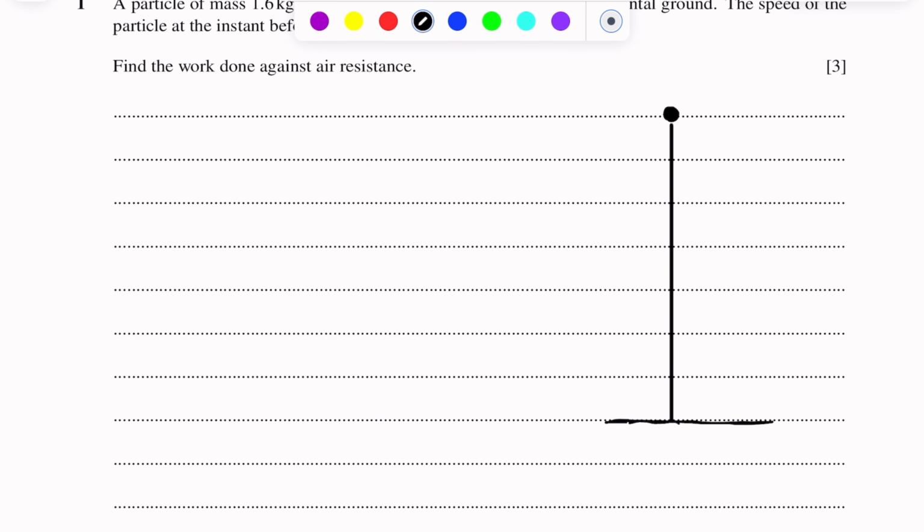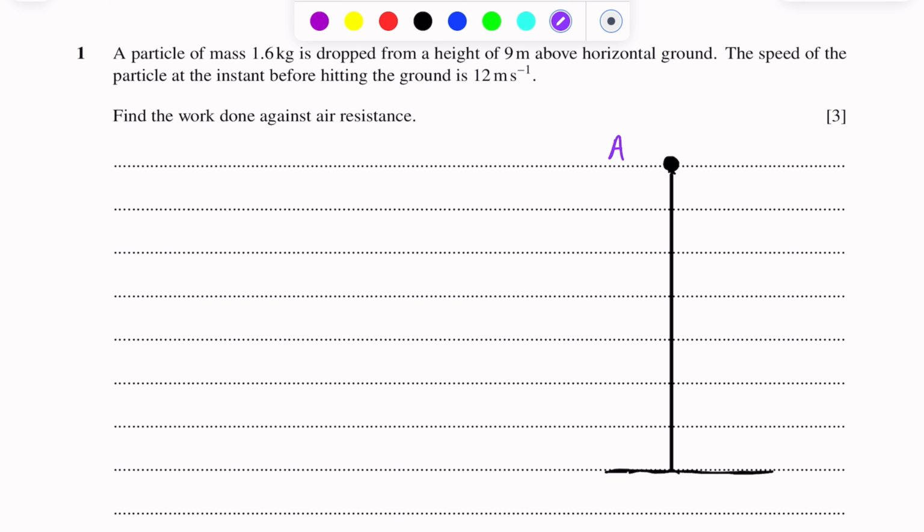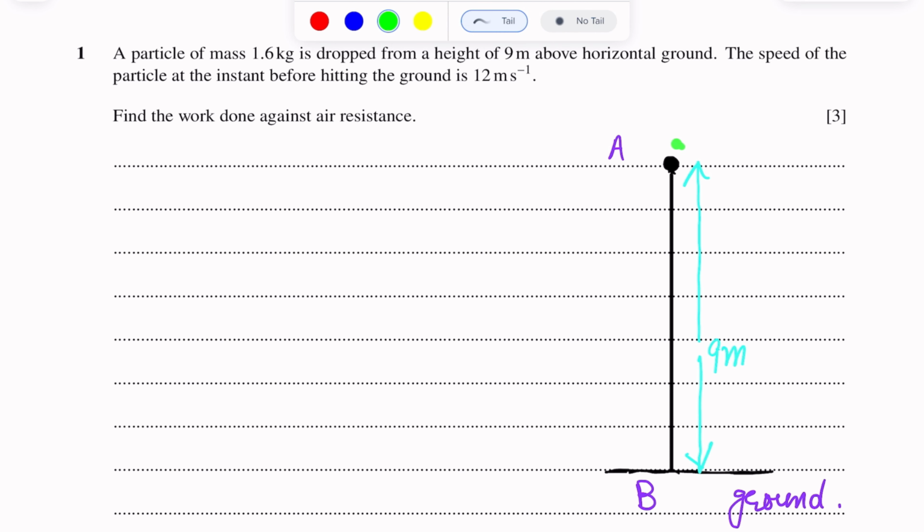Let this point be A, from where the particle is released, and this is ground level. This distance is 9 meters.